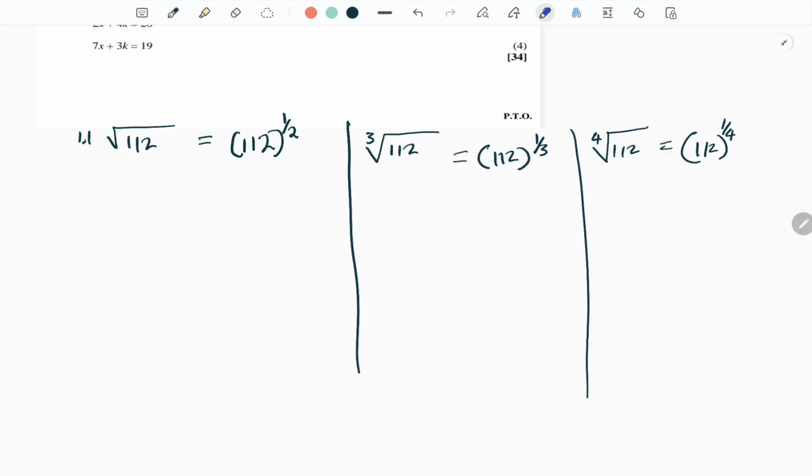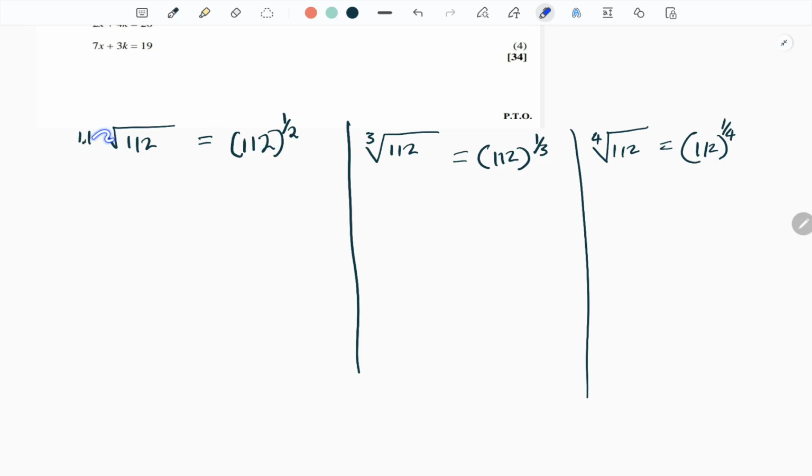Now I want you to check the pattern. I want to make a fourth root, so that means whatever is inside is raised to the power 1/4, right? And then a cube root, whatever is inside here is raised to the power 1/3.